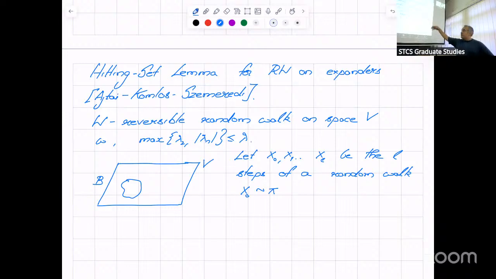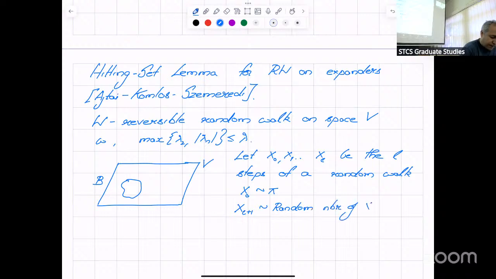In our case, in the expander case, it will be uniform, and xi plus 1 will be a random neighbor of xi given by the random walk W, for i from 0 to L minus 1.